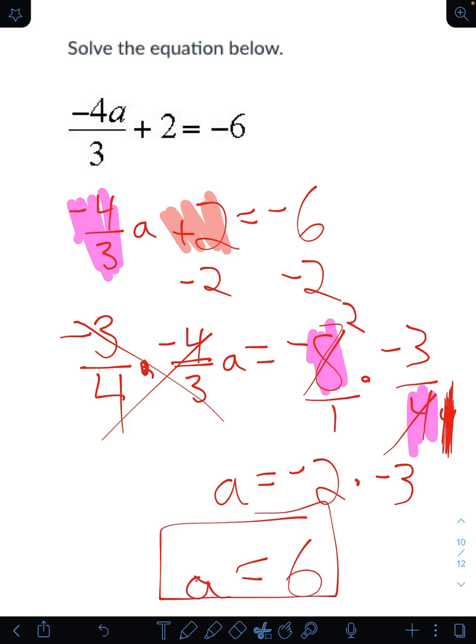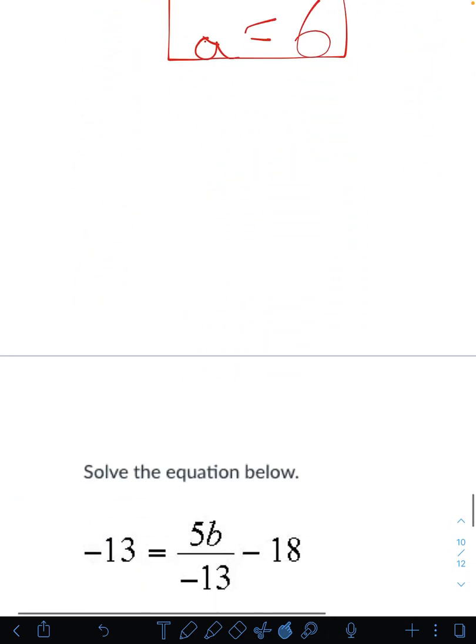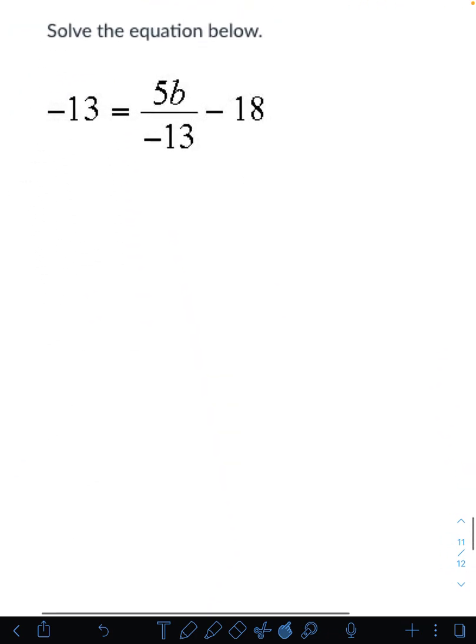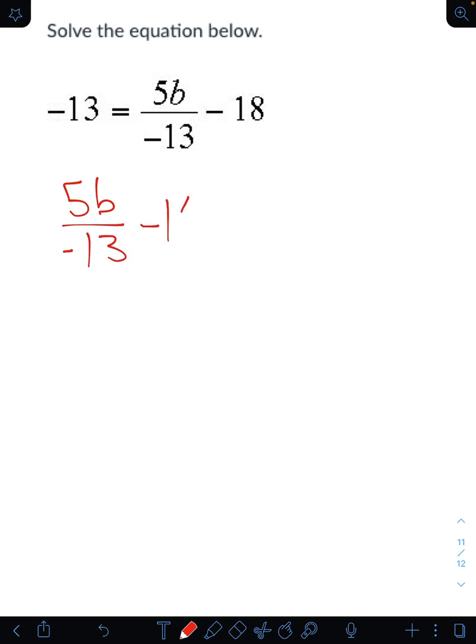Okay, let's look at one more. So, negative 13. Oh, I'm going to put the variable on the left side to make it easier for me. 5b over negative 13 minus 18 equals negative 13.